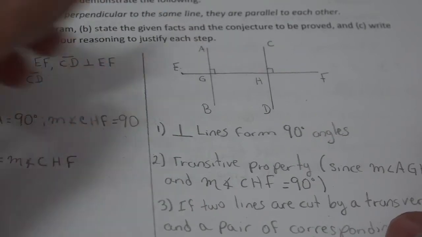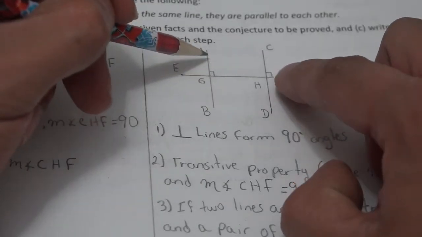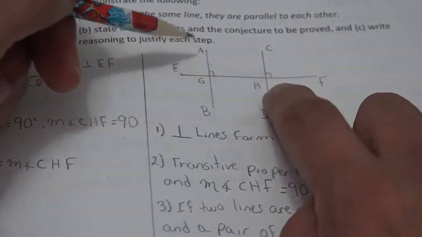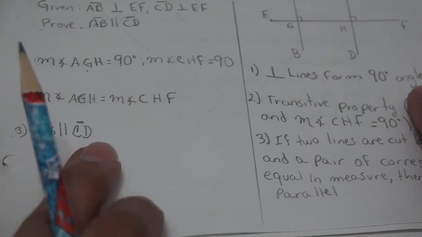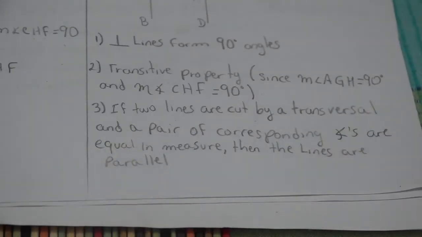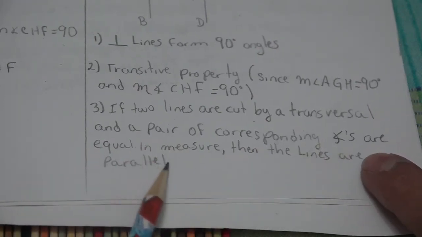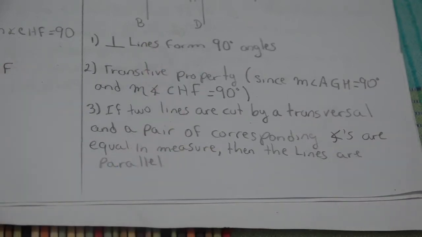If they are equal in measure, that means that they're corresponding angles. So then AB is parallel to CD, and my justification is that if two lines are cut by a transversal, and a pair of corresponding angles are equal in measure, then the lines are parallel.